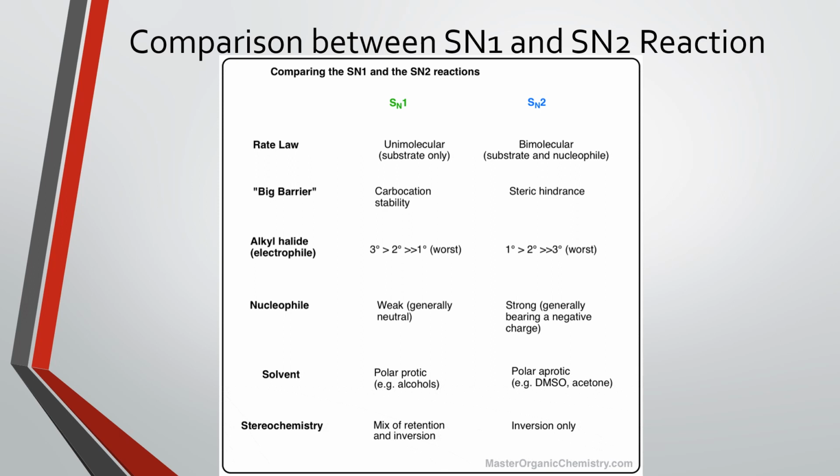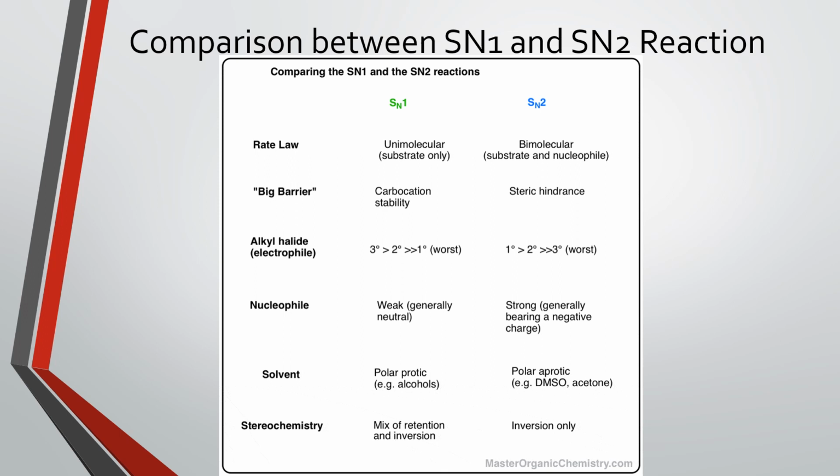In SN2, the rate of reaction depends upon the substrate as well as the nucleophile. That's why it is a bimolecular reaction. The big barrier in an SN1 reaction is carbocation stability, and the big barrier in an SN2 reaction is steric hindrance. We have seen these two factors in detail in the previous slides.